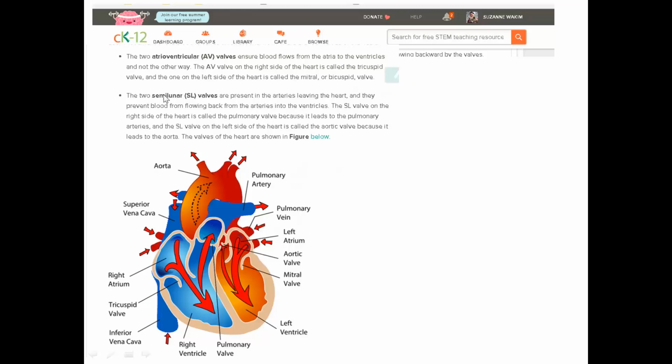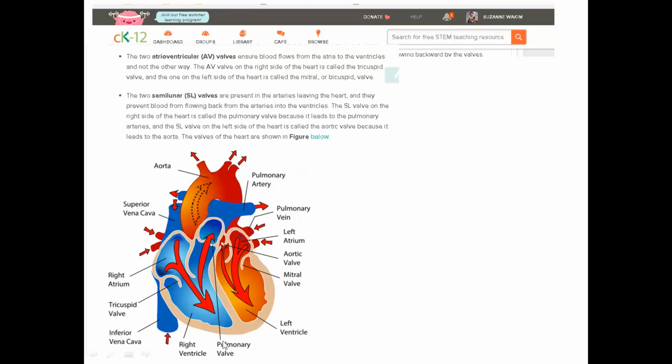All right. And the semilunar valves are present in the arteries leaving the heart. Okay. So the semilunar valves are between the ventricle and the arteries leaving the heart. So here's my ventricle, here's where we're leaving. This must be the semilunar valve.